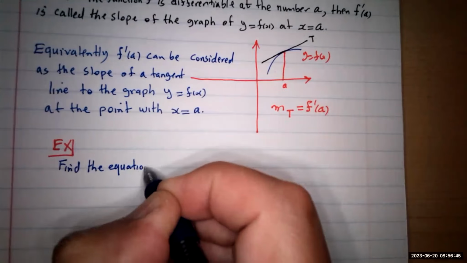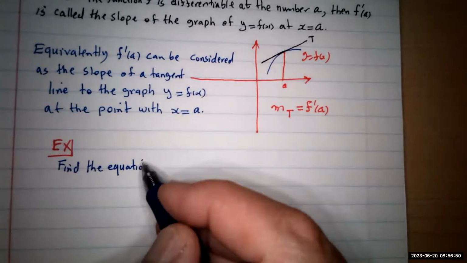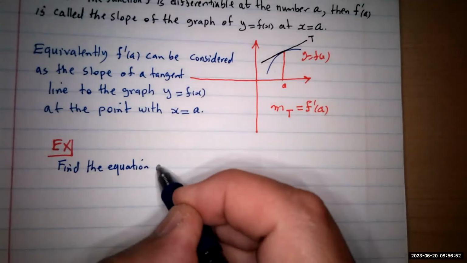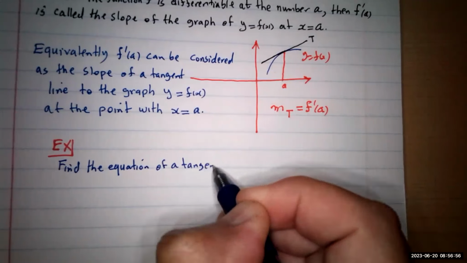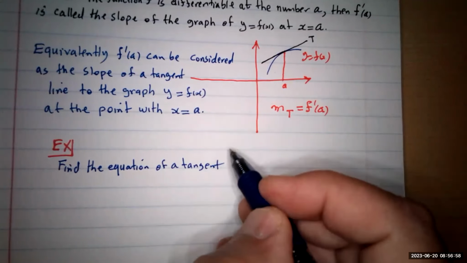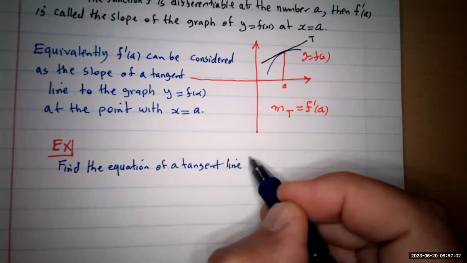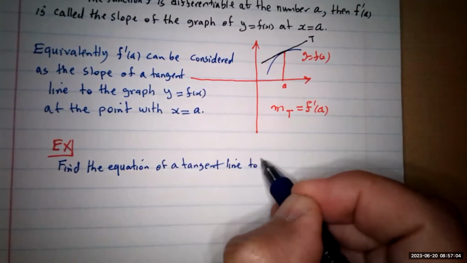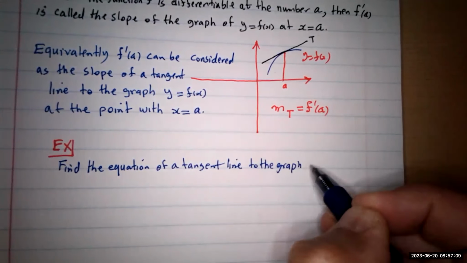Because in your assignment, you have a couple of them, I want to make sure you know it. Find the equation of a tangent line to the graph of this function.